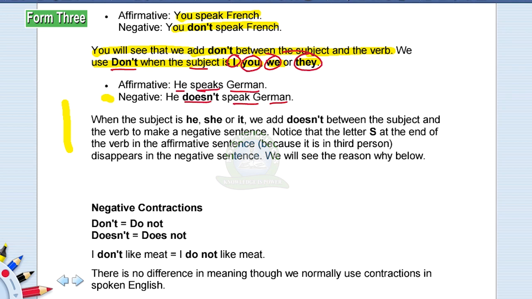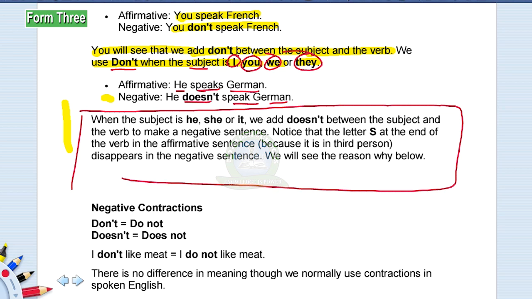Okay, let's take a look at this part and understand more what it is. When the subject is he, she, or it, we add doesn't between the subject and the verb to make a negative sentence.